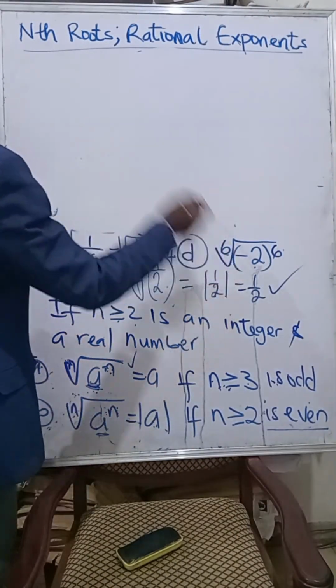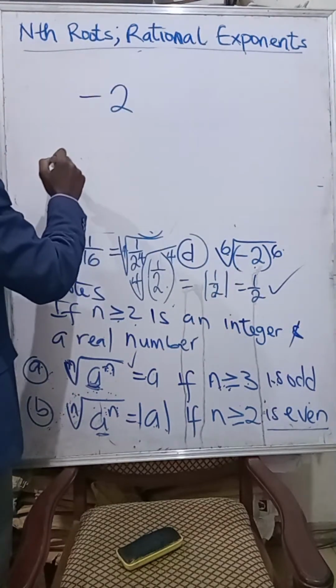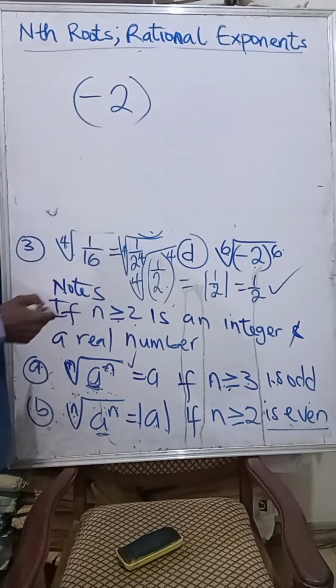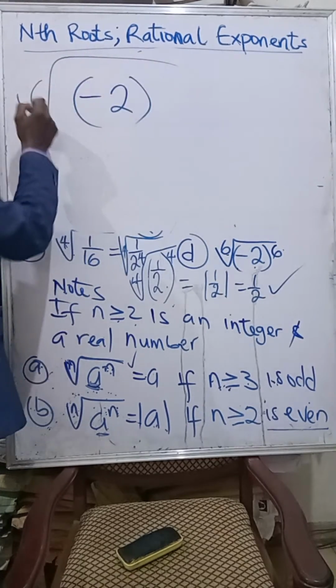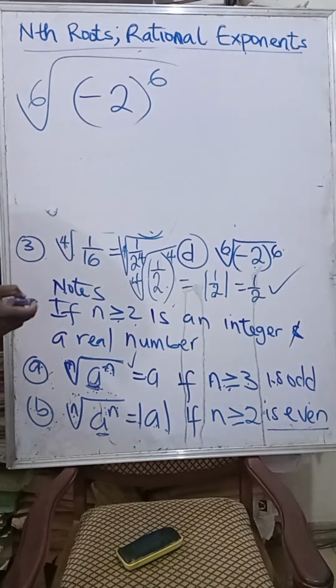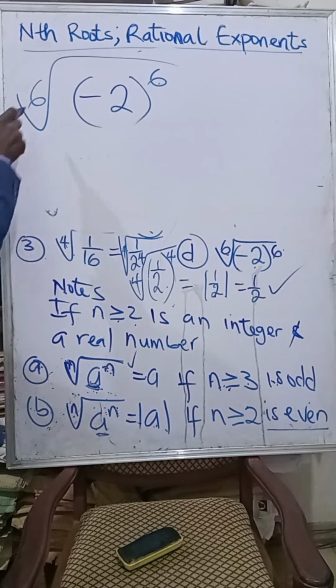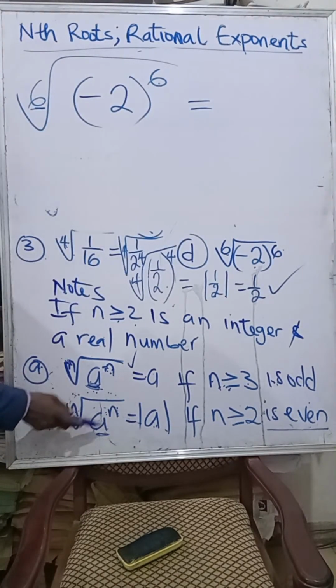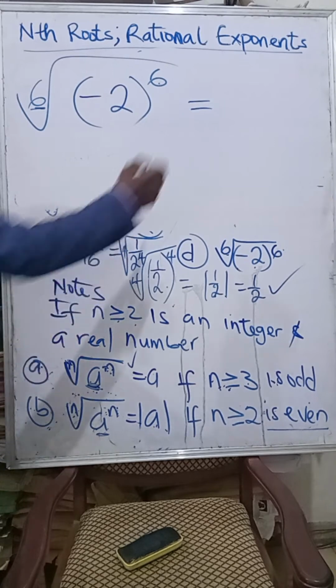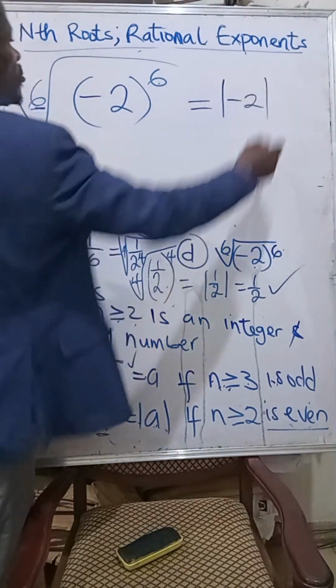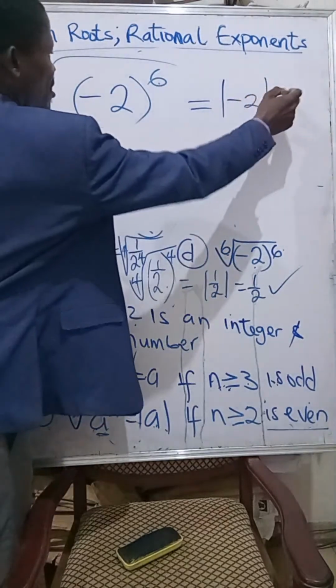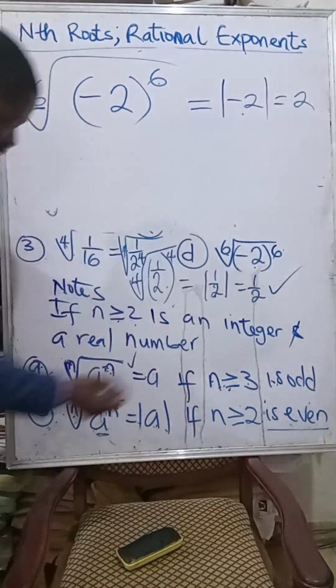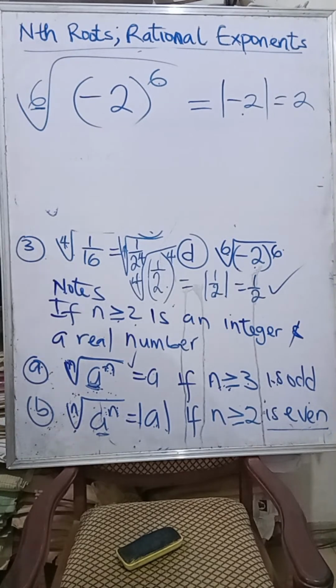For this one, the fourth part, minus 2 inside the square root, and you have 6 here. So your n in this case is even, and it's equal to this one. So it's going to give you the absolute value of minus 2, which is 2. I'm applying this second rule, that second law.